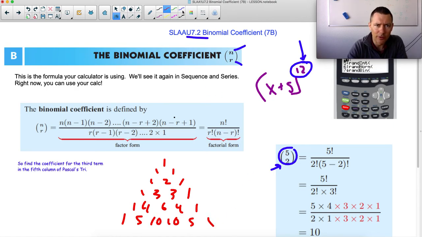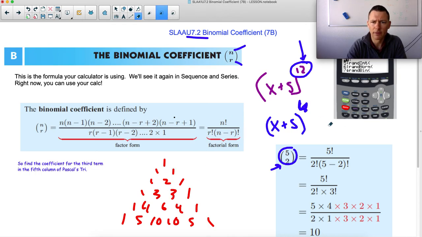If I didn't want to do that, and I just knew that when I was expanding, I was trying to find, like, x plus 5 to the 5th, sorry, 4th. 0, 1, 2, 3, 4, 5. This should be the 5th.